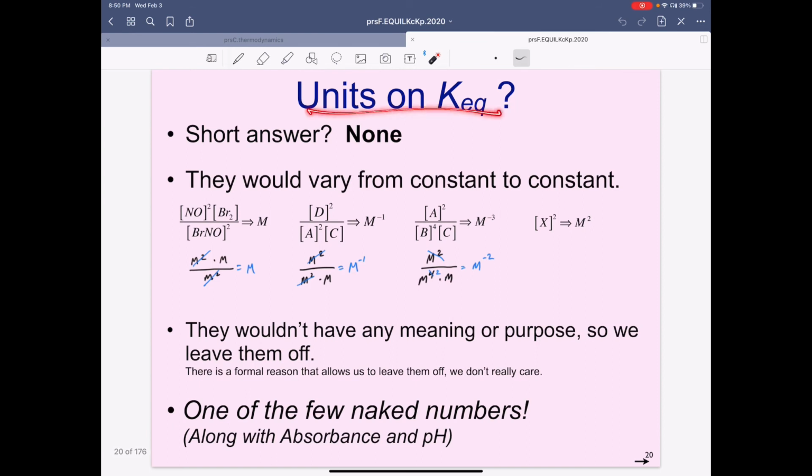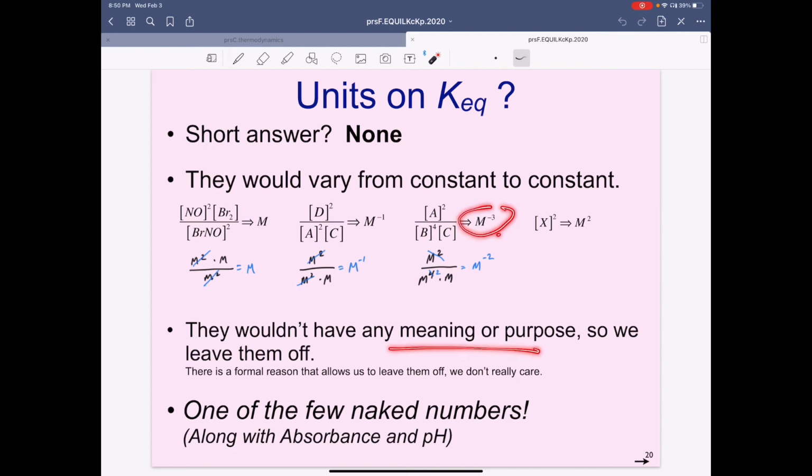What about units on the equilibrium expression? The short answer, and you can certainly fast forward the video, is none. We're not going to put units on the equilibrium constant because those units would turn out to be different in many different situations, depending on what molarity values or atm values, pressure values we're using, and they don't really have any meaning.